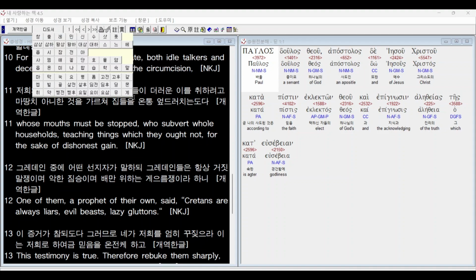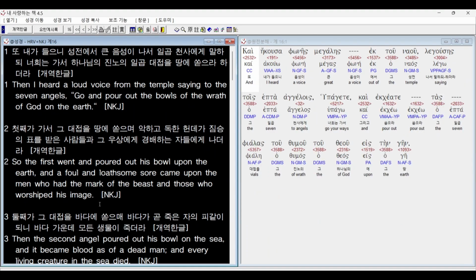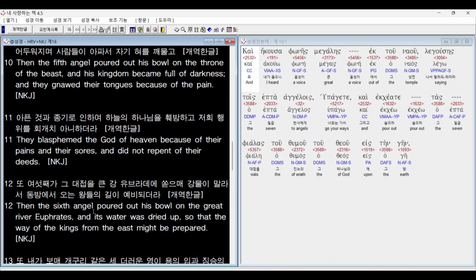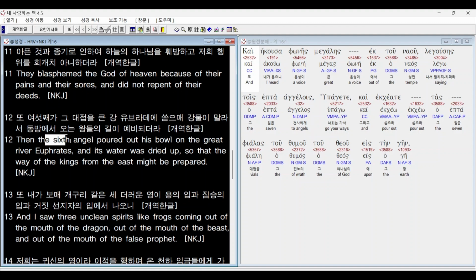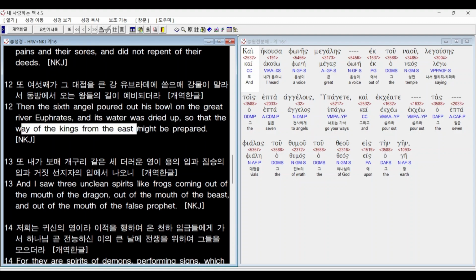when we go to the book of Revelation chapter 16, we already went there many times. And he is talking about when the 6th angel pours out his bowl, the great river Euphrates is dried up, right? And the way of the kings from the east might be prepared.